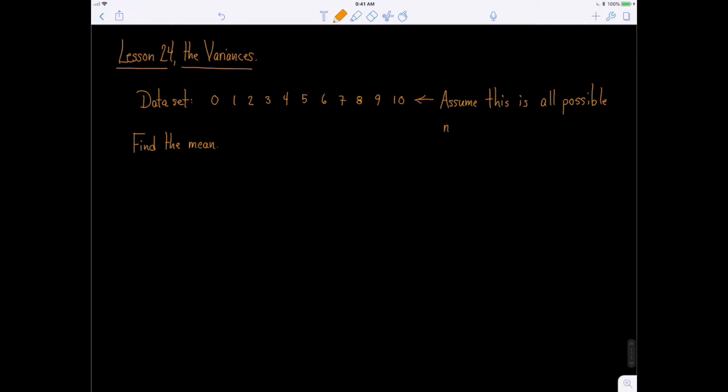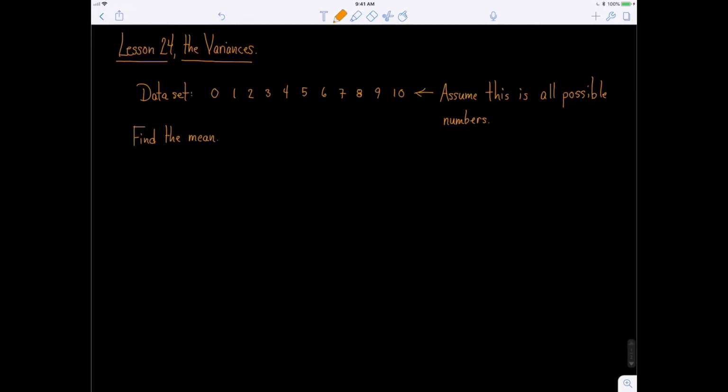All possible numbers. Okay, now they may occur in different frequencies, but these are the only possible numbers that we can have. So let's try this. Let's find the mean.